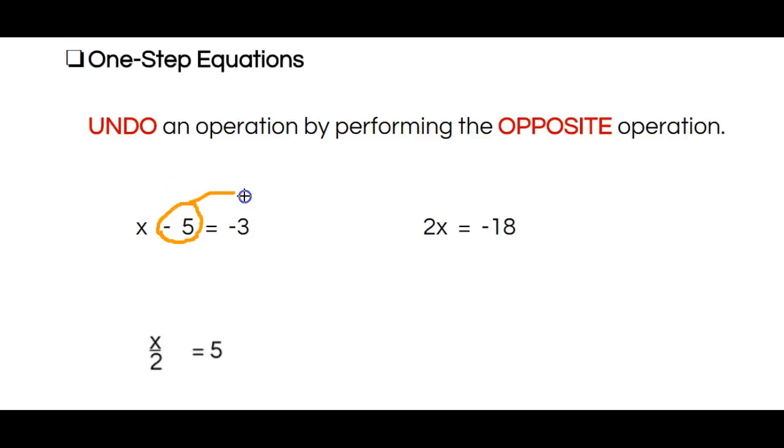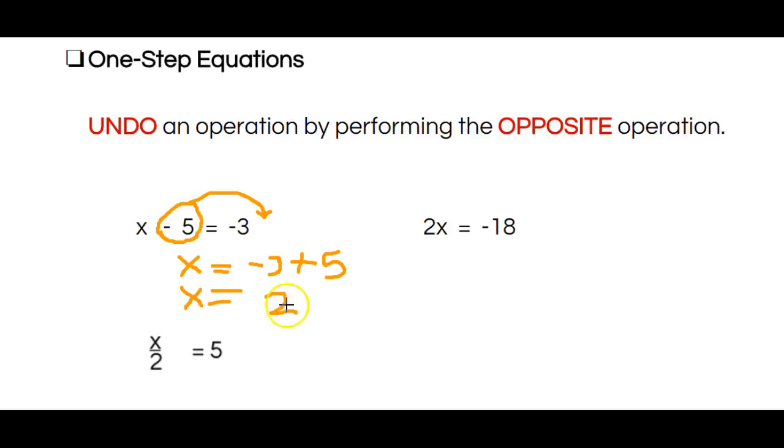So I'm going to move it to the other side and change the sign. So that gives me x is equal to, and remember the negative 3 was there first, and then now I'm going to change the sign to plus 5. Okay, so negative 3 plus 5 will give me positive 2. And so now I know that the value of x is 2.